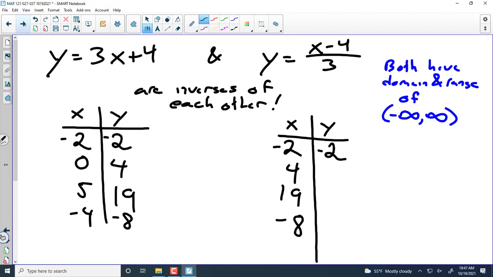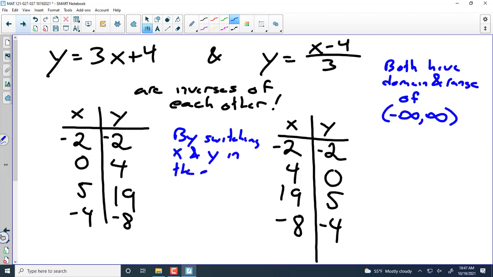What's 4 minus 4? 0. What's 0 divided by 3? 0. 19 minus 4? 15. 15 divided by 3? 5. -8 minus 4 is -12. -12 divided by 3? -4.